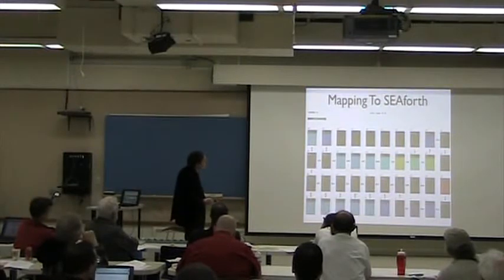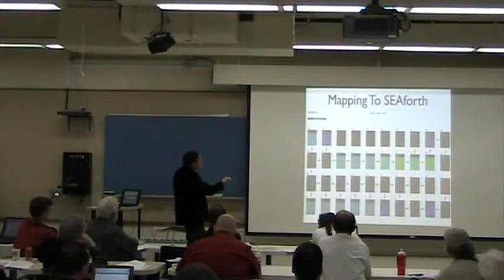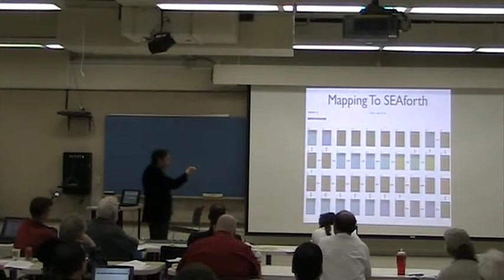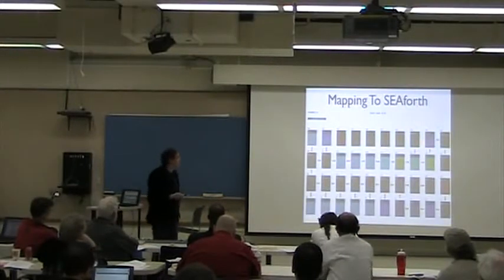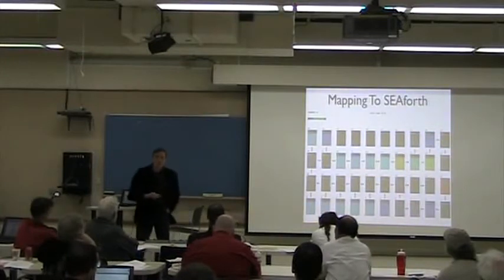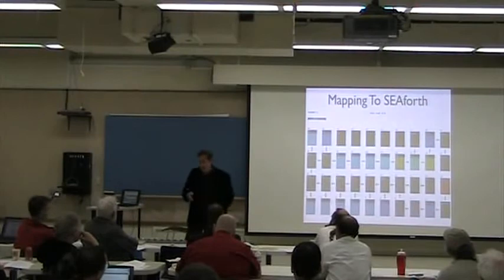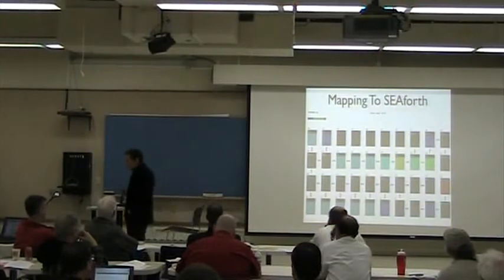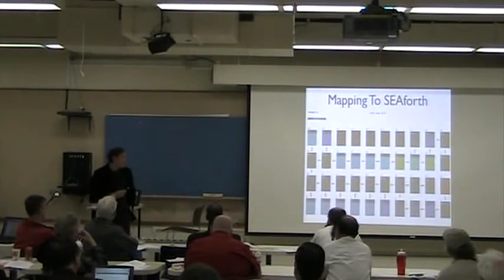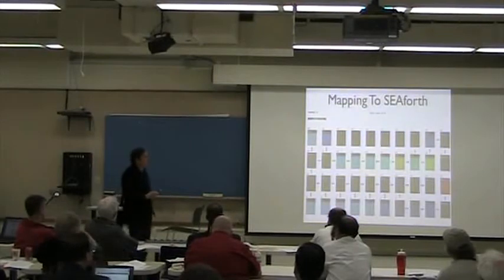If you calculate the business of the cores in general, it will be about 19% busy. The good thing about SEAforth is it's a very powerful chip. It can provide you with up to 28,000 MIPS.